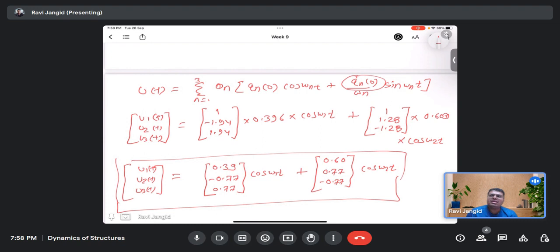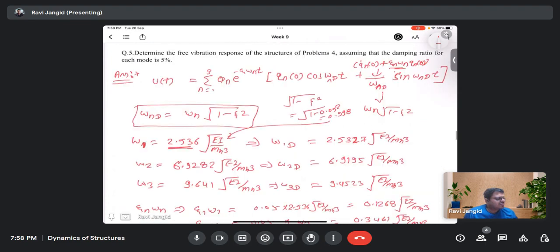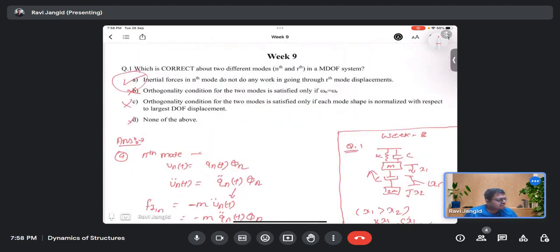Maybe some glitch; I will ask them to correct it. The mx double dot would always be opposite in that case, so that is not a problem. Then all three will be acting opposite to the direction of deflection, the initial displacement, like the M, C, and K. We have discussed that in the initial part of the lecture.